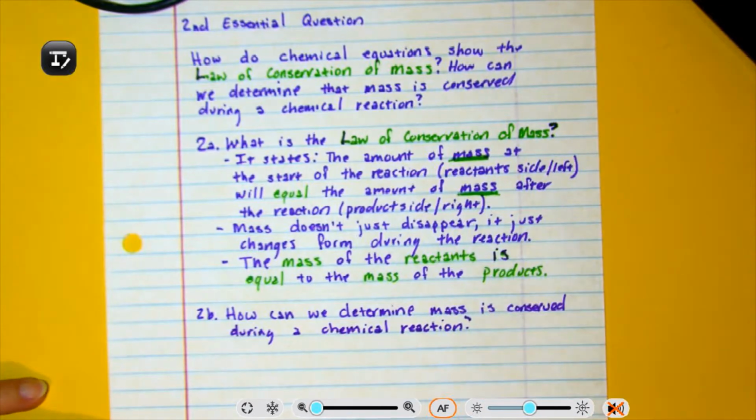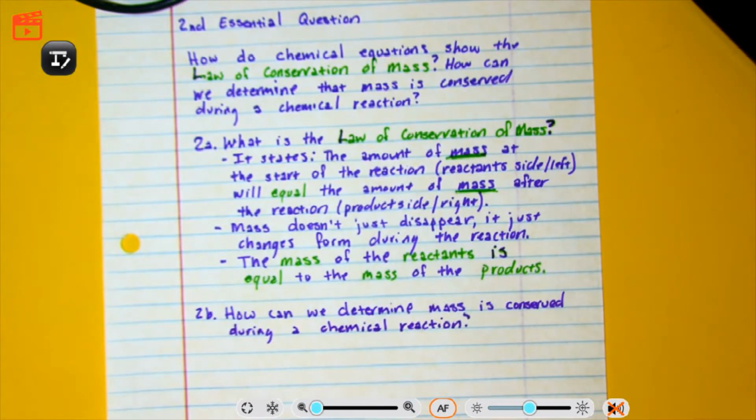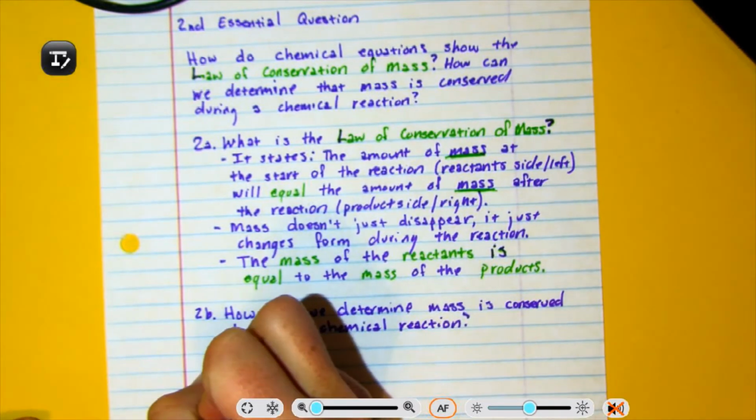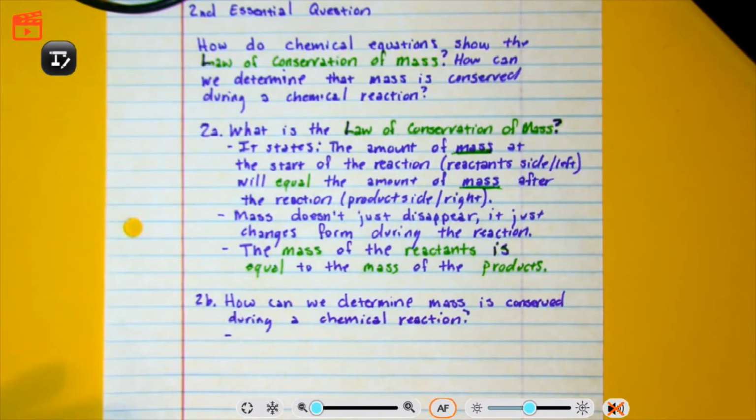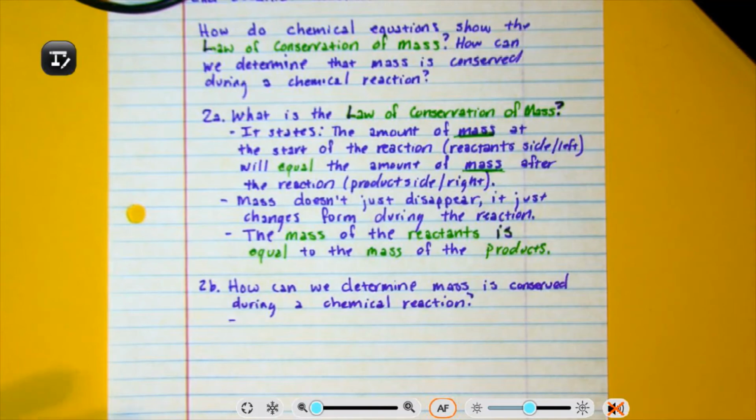All right, and there's a couple ways we can do that. We can do that at a micro level and a macro level. So, the one that we already know how to do, you haven't really done it yet, but we know how to count atoms. All right, so we can count atoms.